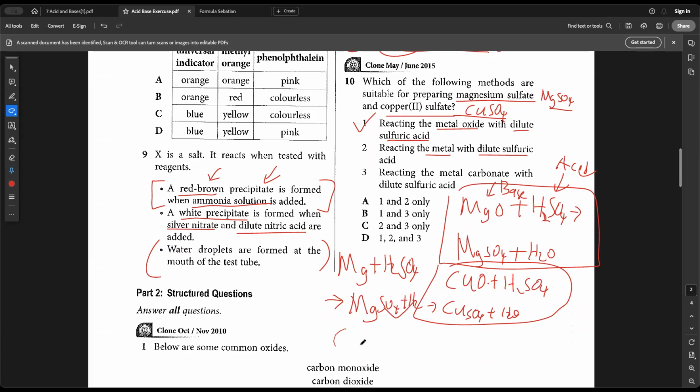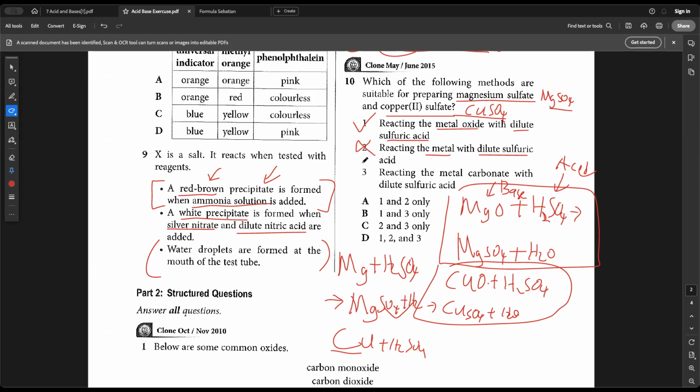But when I put copper itself plus H2SO4, can or cannot? Cannot. Why? Copper is too stable, too inert, so copper itself cannot react with just dilute sulfuric acid. It doesn't work that way. So number 2 cannot. If concentrated, then it can.